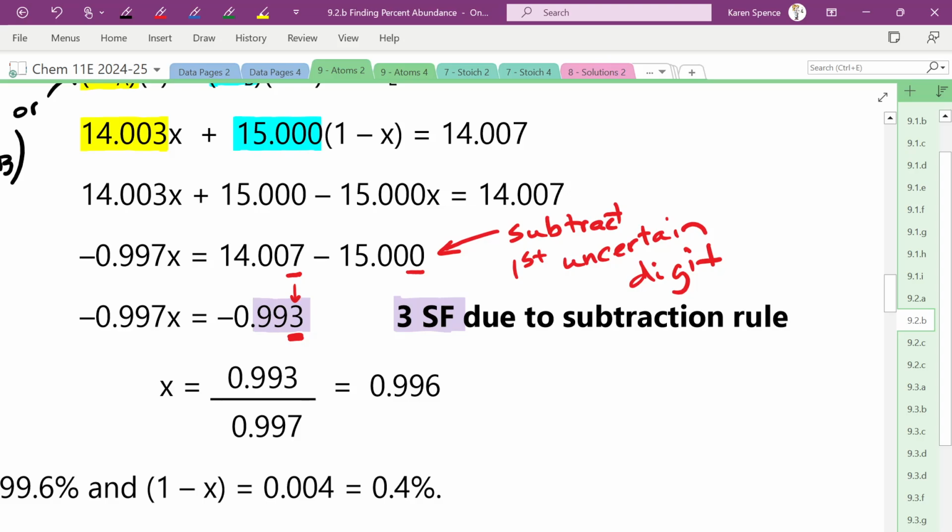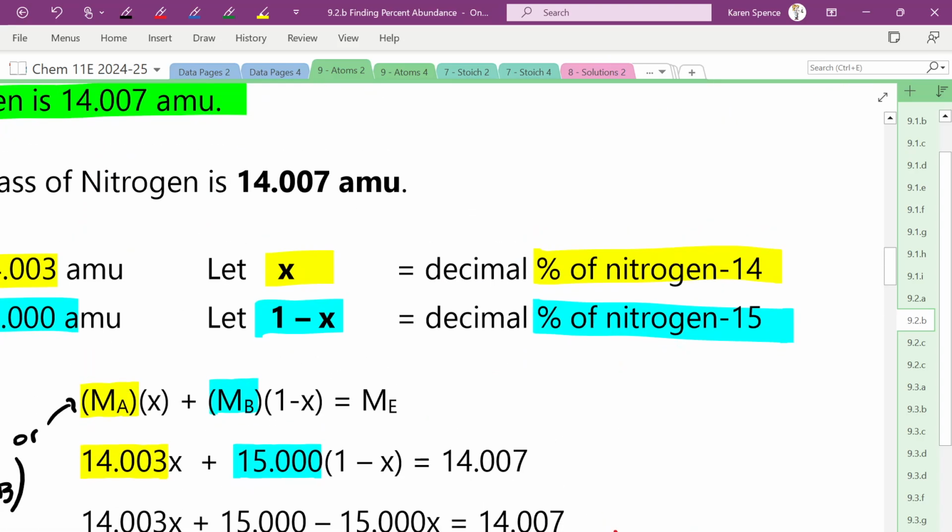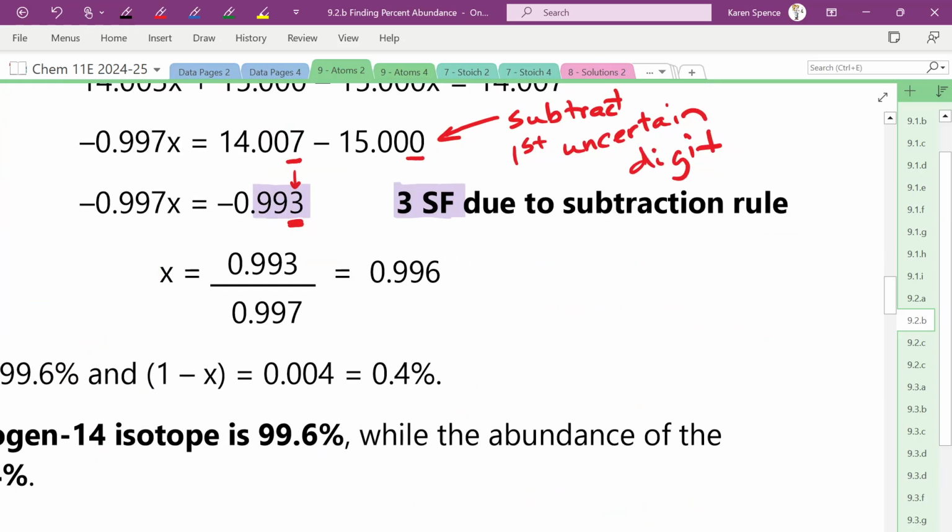Let's go back and look at what we defined X as being. X was the decimal percent of nitrogen 14.